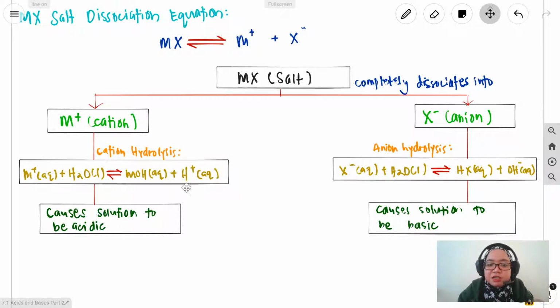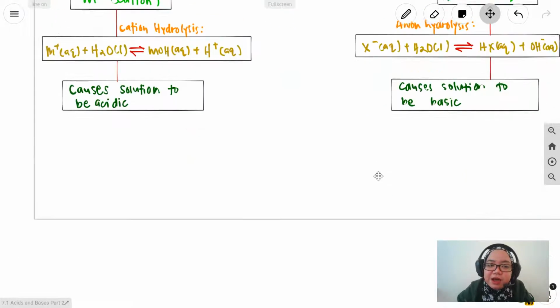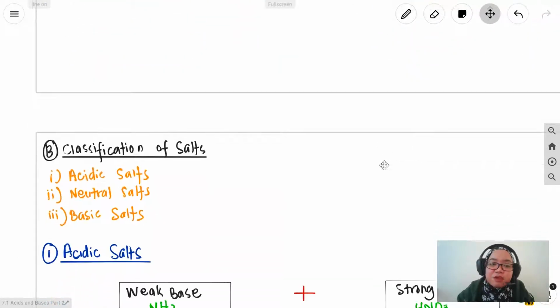This hydrogen ion contributes to the acidity of the solution, so it causes the solution to be acidic. The anion also undergoes anion hydrolysis, where it will form hydroxide ion, which causes the solution to be basic.